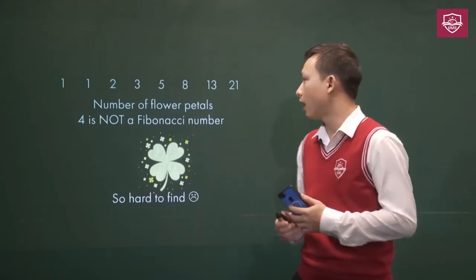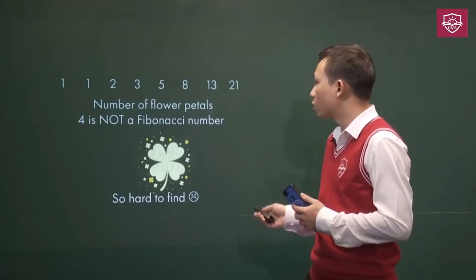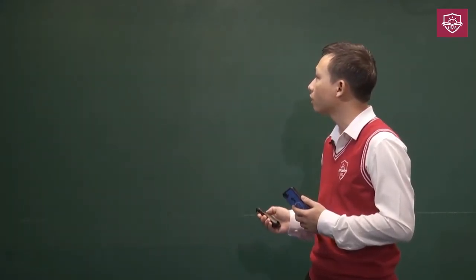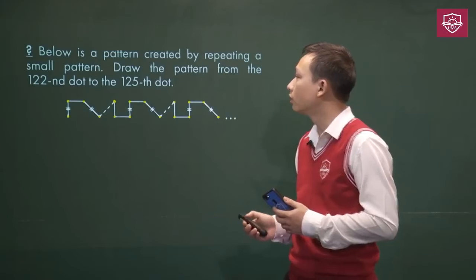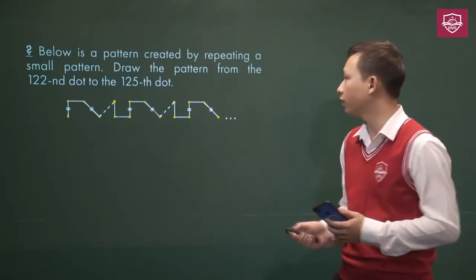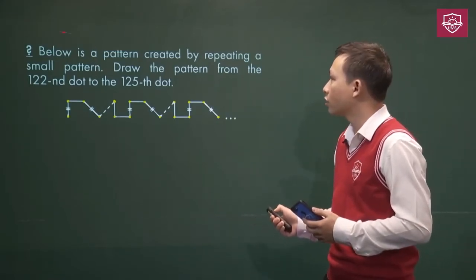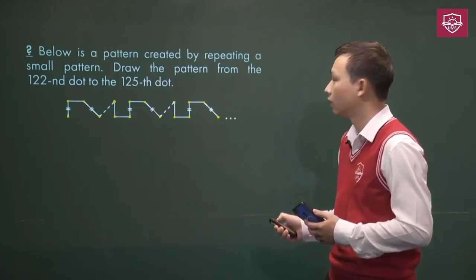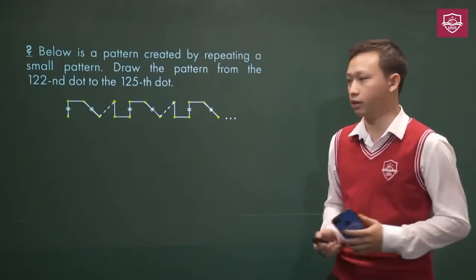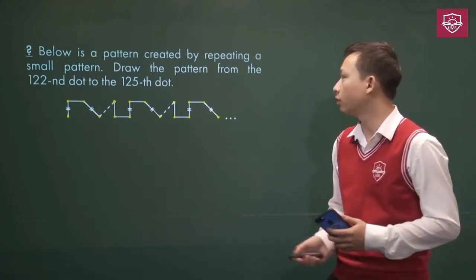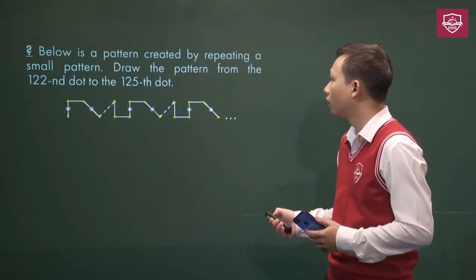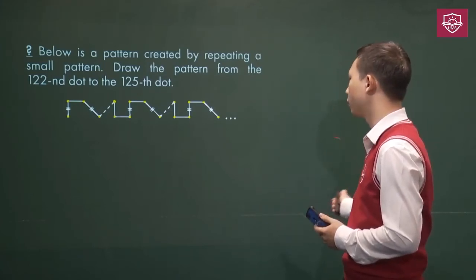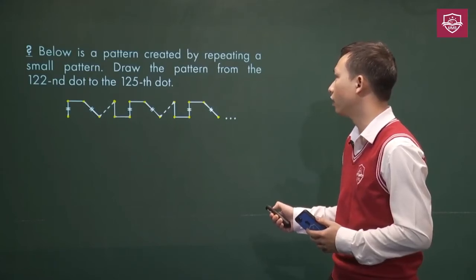For the time being, I need you to sharpen your skill to solve problems. Let's move to some problems here. Can you see the pattern clearly? The question is, below is a pattern created by repeating a small pattern. Like we make a floor by using tiles, right? This pattern goes on forever, but it is made by repeating a small pattern.